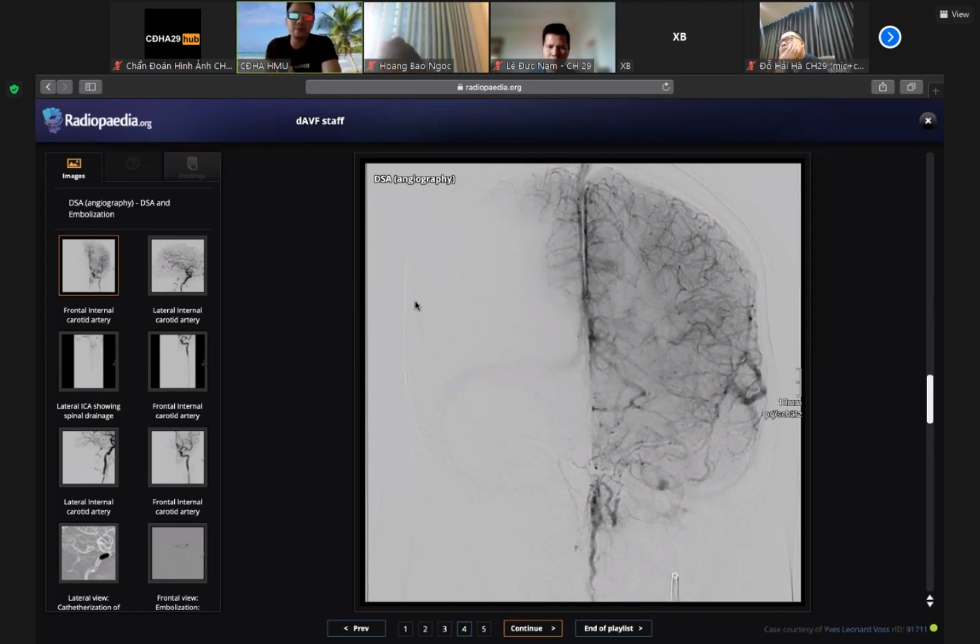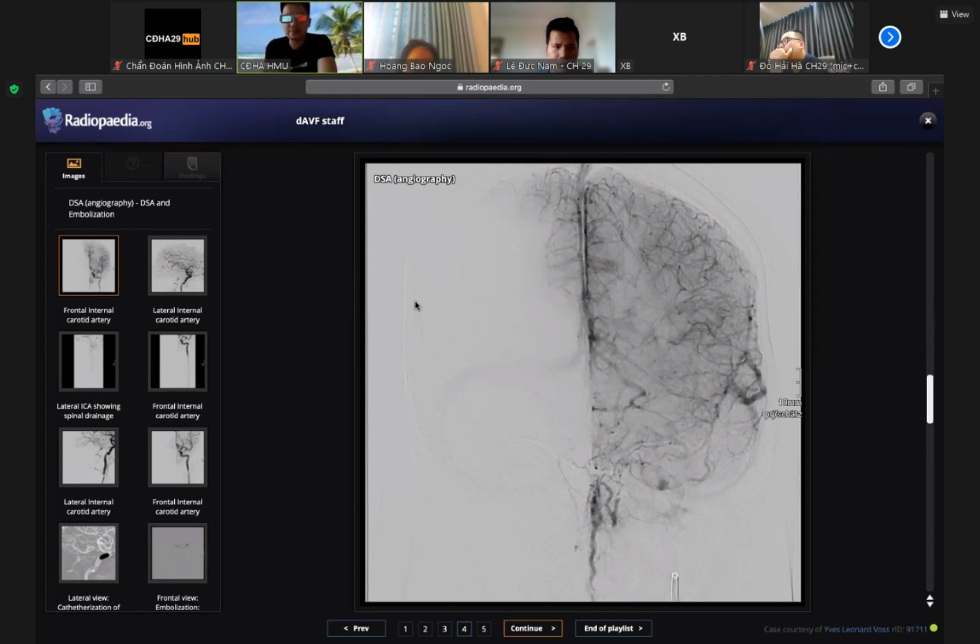If we think of dAVF, we find the imaging characteristics of the dAVF, and I think we're going to have the right answer if we think of the dAVF on the MRI or the CT scan.